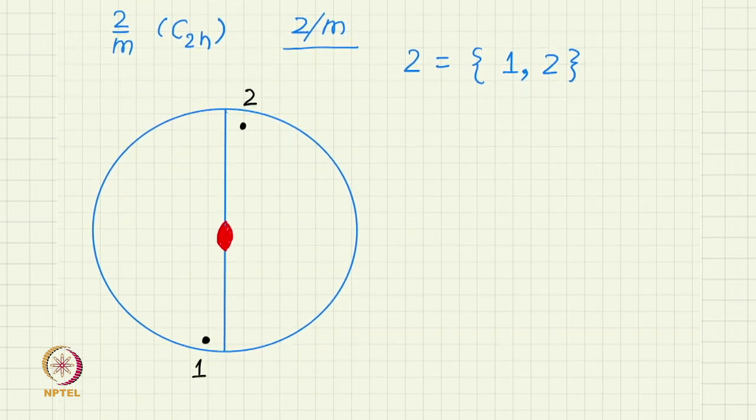So, let us again start with the point group 2, which has two operations, two general positions, but we want to add a horizontal mirror. The horizontal mirror coincides with my primitive, and it will reflect these two general positions into reflected positions. So, the handedness will change.